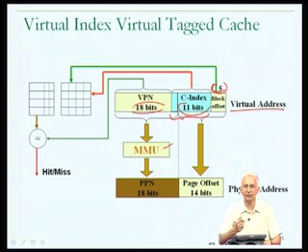We were assuming that the addresses which the compiler generated, in other words the virtual addresses, were what were being used for indexing into the cache and for the tag comparison.